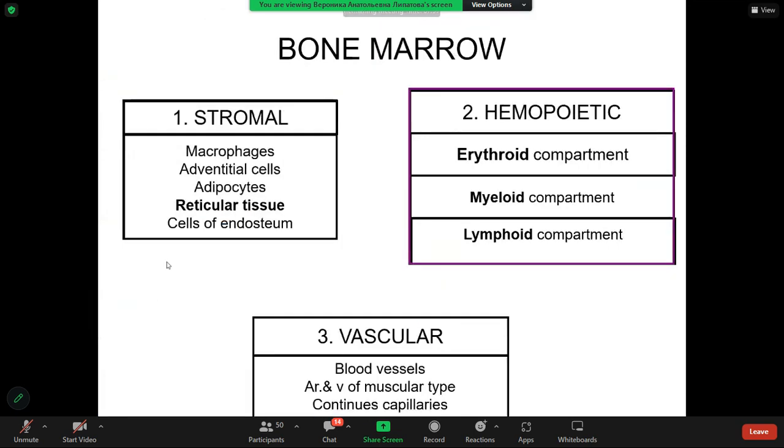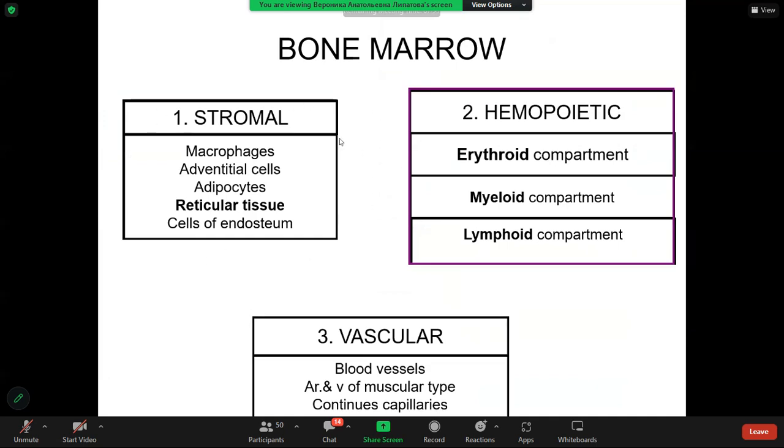Bone marrow is a fluid organ, in fact. That's why it's possible to make bone marrow smear.